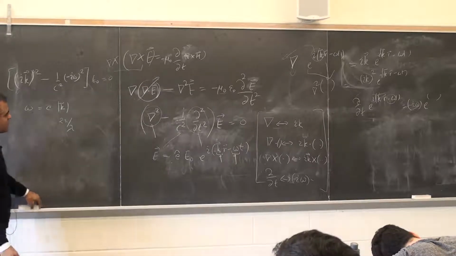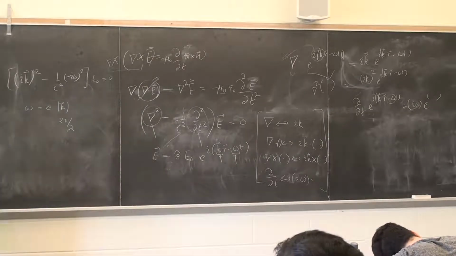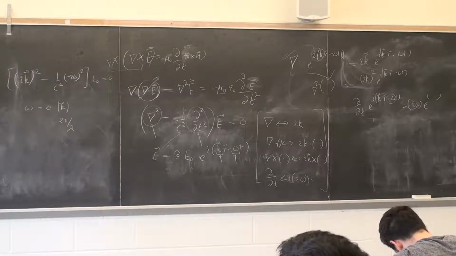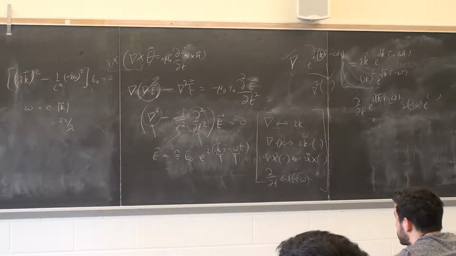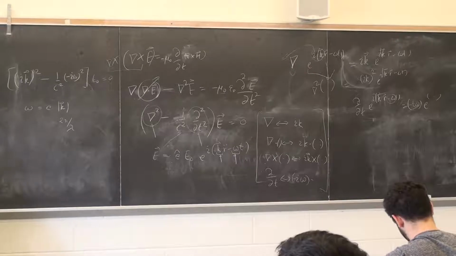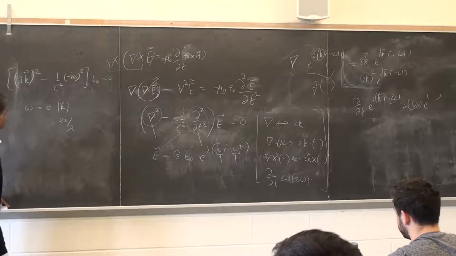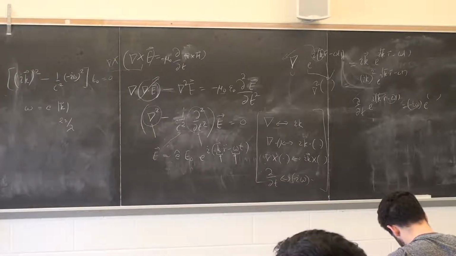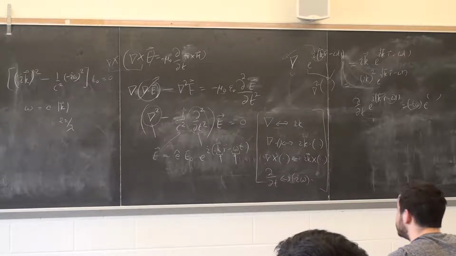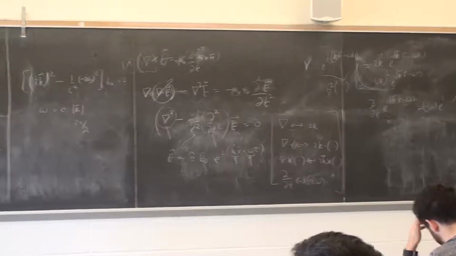There are a couple of other things you can get out of it very nicely. Let's look at this relation: del cross E is equal to minus dB by dt.